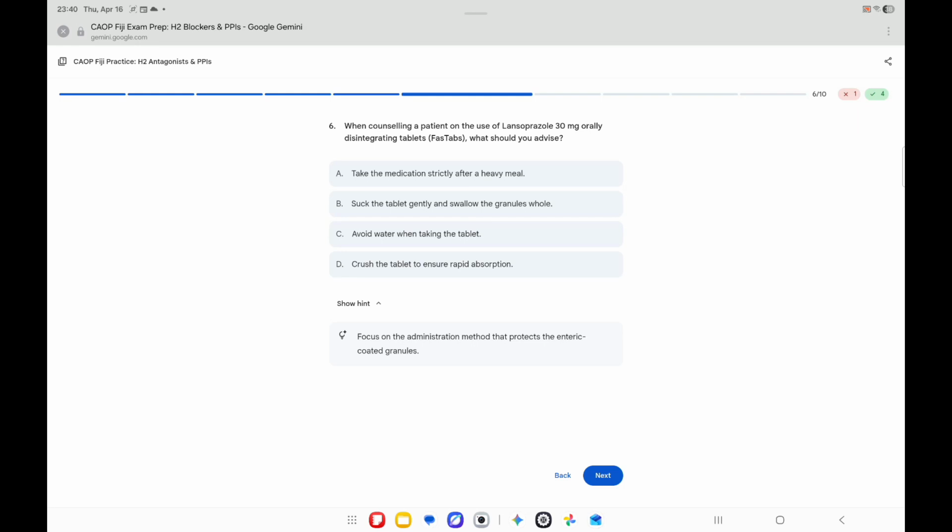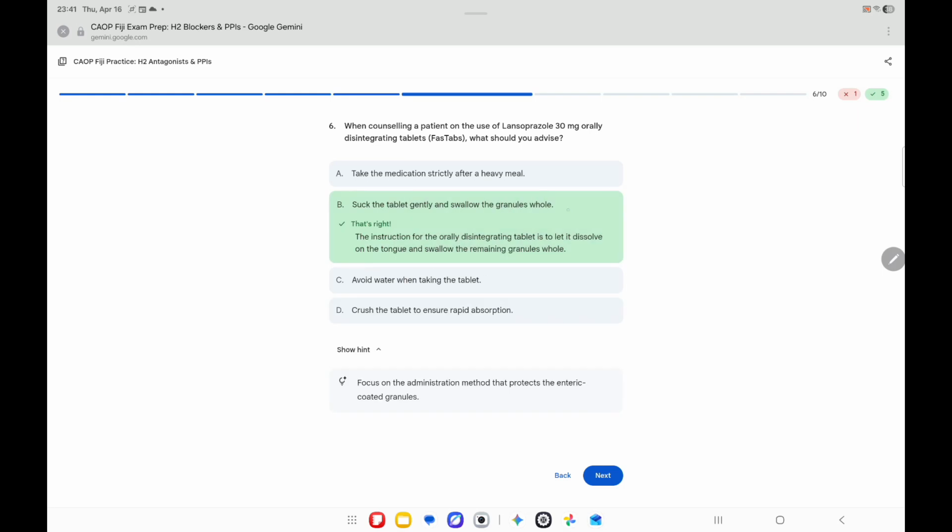So I would go with option B, because it says swallow the granules whole, telling the patient not to crush the granules but to swallow them as they are. Let's see what it says. It is the right answer.